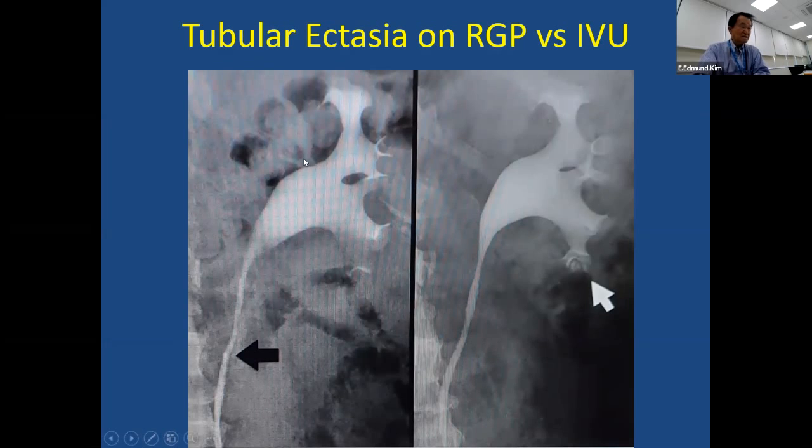Anatomical evaluation can be easily done by intravenous urogram or retrograde pyelogram. With a retrograde pyelogram, you can see the collecting system and papilla here, but the intravenous one can show better, with ectasia, tubular ectasia here, you can see.